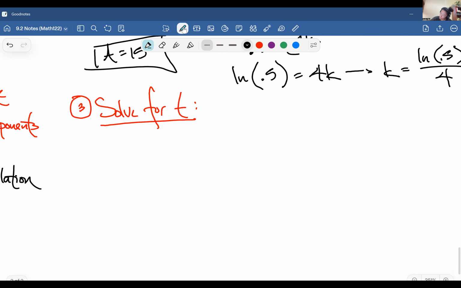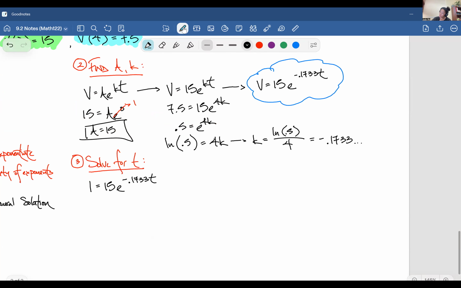So I've got 1 equals 15e to the negative 0.1733t. 1 because that's how big I want the mothball to be. I know after that it's no longer working. And then it equals my volume equation with all the letters that I just found.